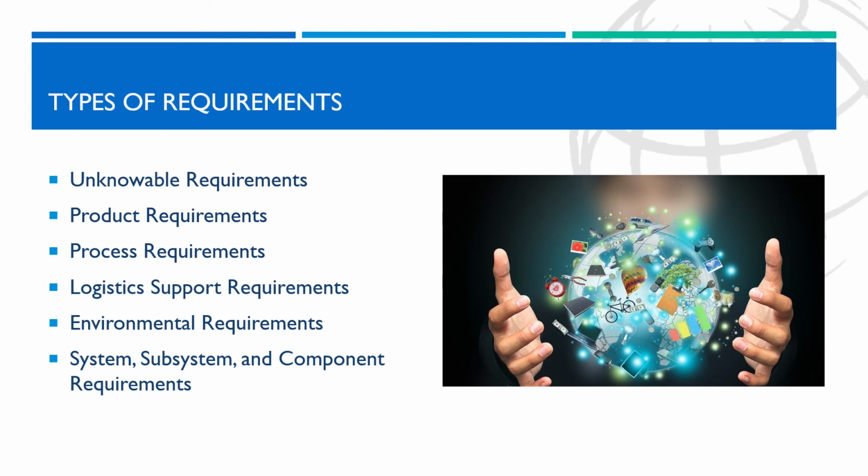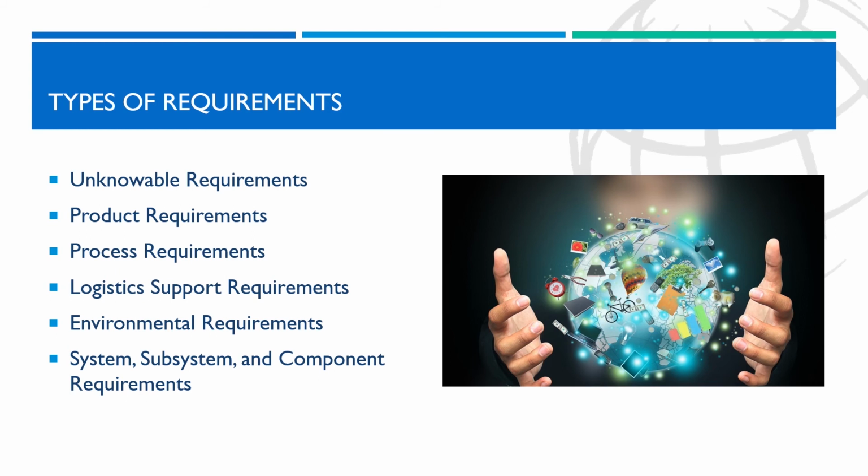We discover that some requirements that we could not envision previously, and such unknowable requirements may be real requirements which must be included in our design or in our analysis.